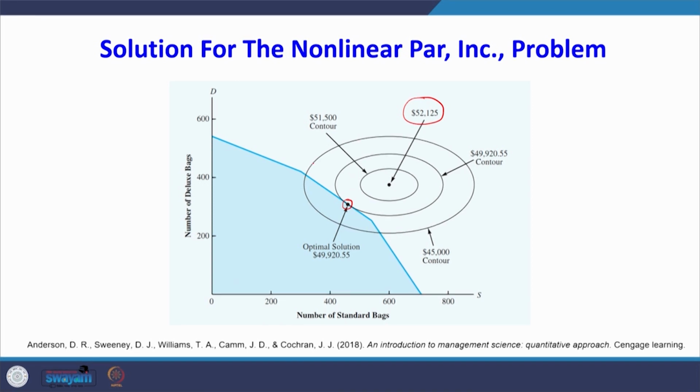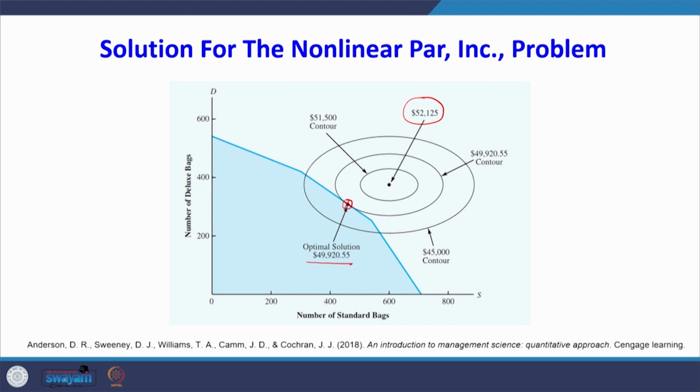There is another ellipse also appearing when the value of the objective function is 45,000. So, the value of the objective function is 49,920 where it intersects the feasible region, this point.